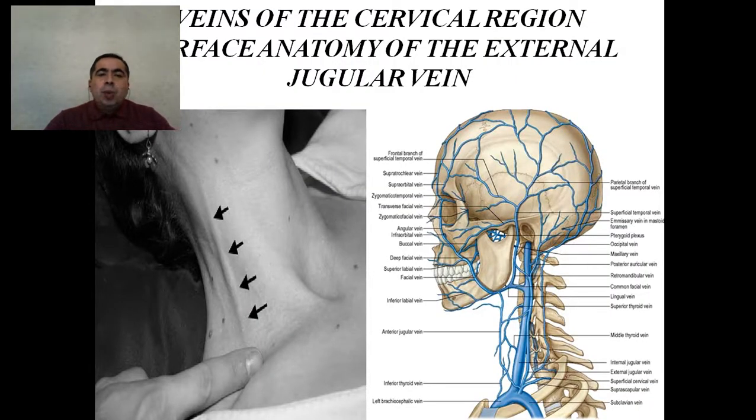And again, the veins of the cervical region. You are looking at the surface anatomy of the external jugular vein, which corresponds to the posterior branch of the external carotid artery. It drains the venous blood from the occipital and the posterior auricular regions. It passes more superficially than the internal jugular vein, and it receives the anterior jugular vein, which I have explained before.